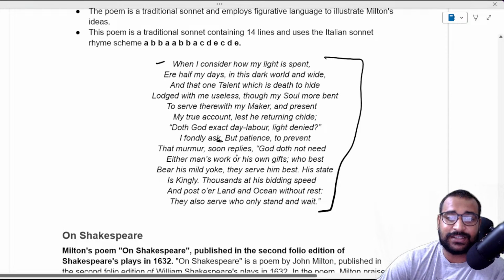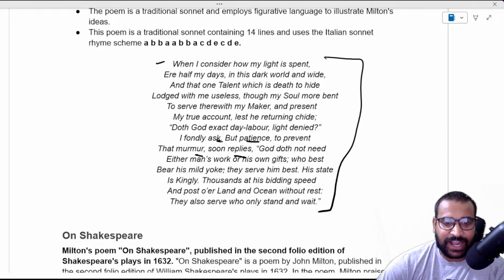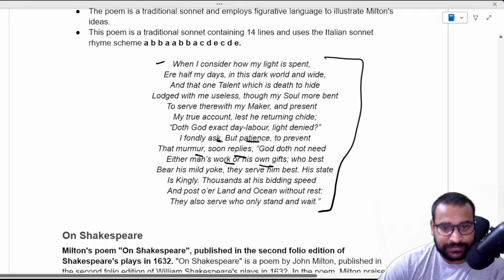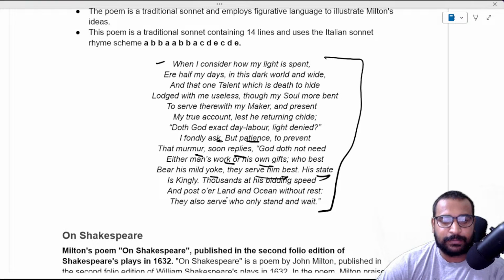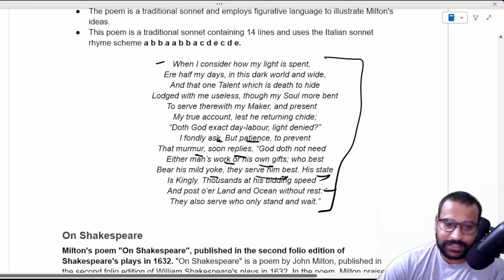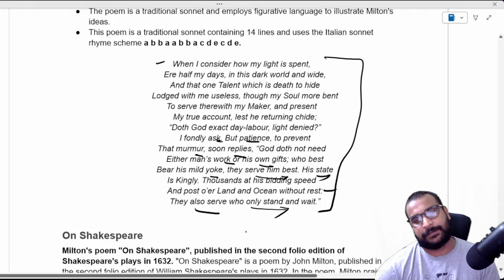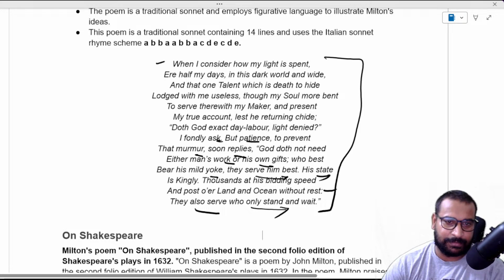Now here a turn is happening: but Patience, to prevent that murmur, soon replies, God doth not need either man's work or his own gifts. Who best bear his mild yoke, they serve him best. His state is kingly, thousands at his bidding speed, and post o'er land and ocean without rest. They also serve who only stand and wait. So I hope you understand the sonnet better.